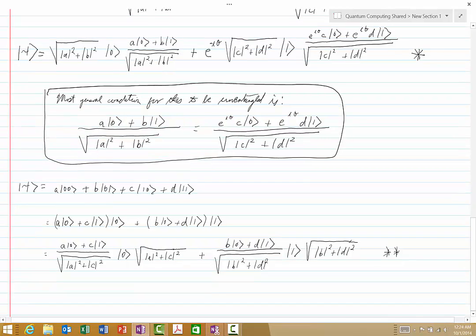We'll say e to the I alpha, and same thing for the d term, e to the I alpha d1, and then we need to multiply by e to the minus I alpha here to maintain equality. Okay, and so then we could find a second general condition for unentanglement.